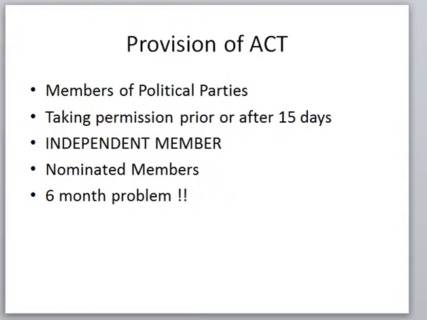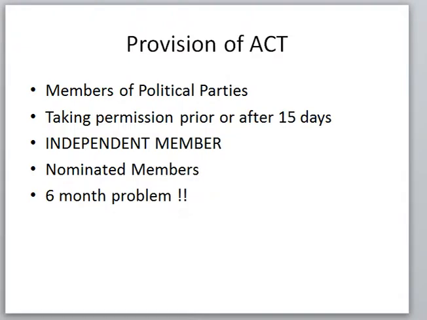Next point: if he votes against the party, then before voting he has to take permission. If it is necessary for him to vote against the party, then he has to take the permission of the party.